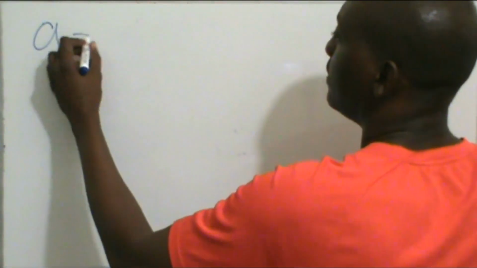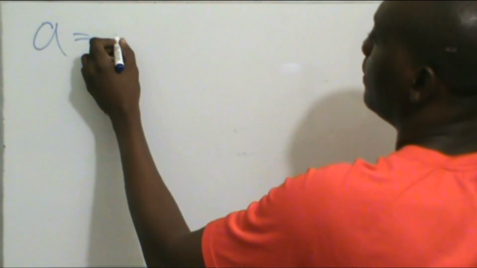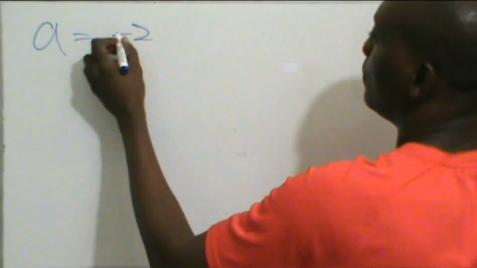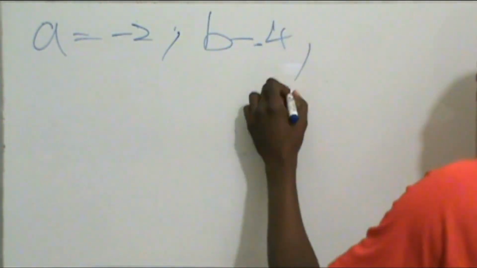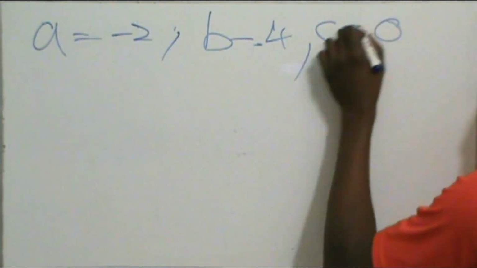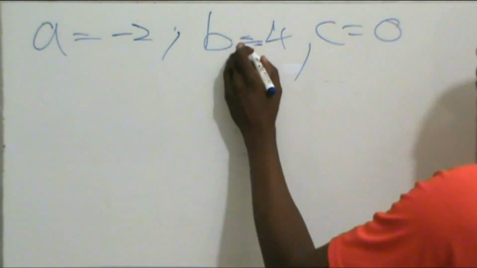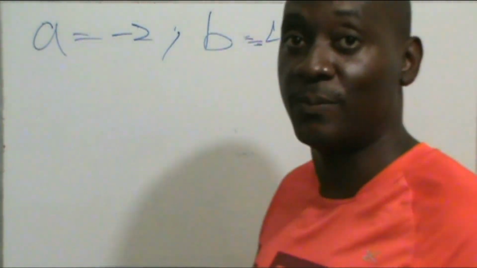So let us, for the sake of argument, be composing again. Let us go back to A, B, and C. Let us say that A is equal to minus 2, B is equal to 4, and C is equal to 0. You can get a question with 0 and a 2.